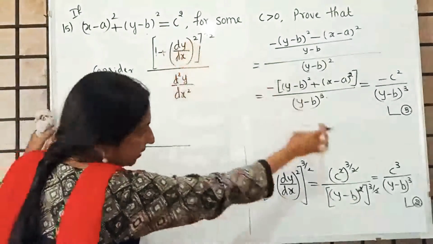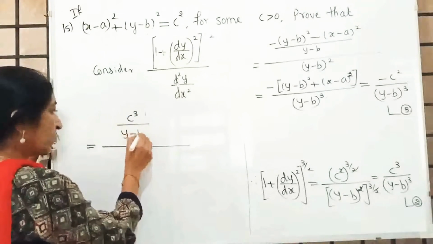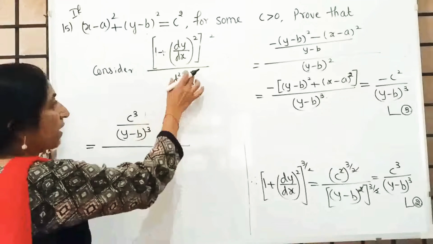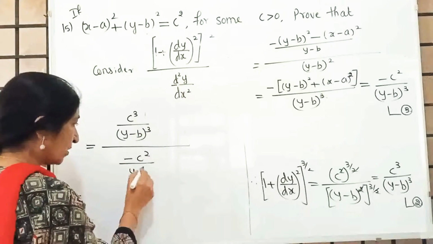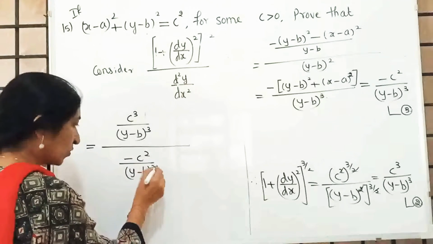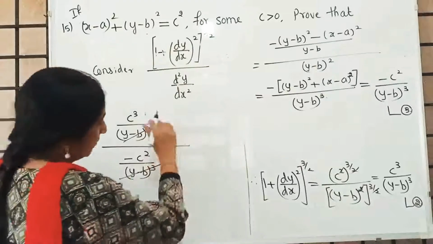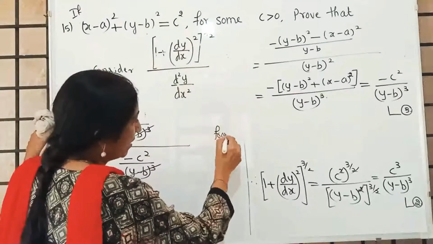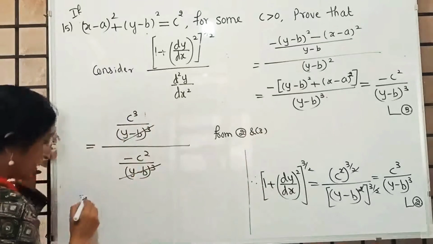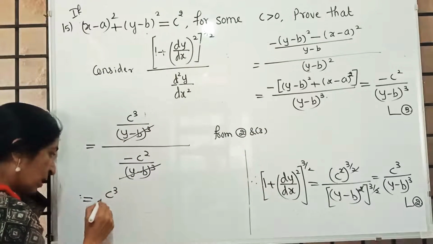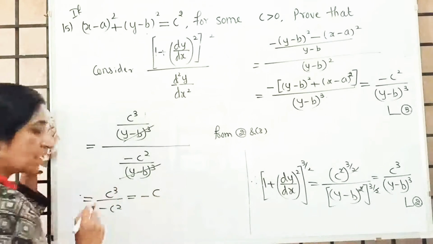The numerator is c cube upon (y minus b) whole cube, and d square y upon dx square is minus c square upon (y minus b) whole cube. See, (y minus b) whole cube and (y minus b) whole cube get cancelled. These values we are writing from 2 and 3. Now what is remaining? c cube upon minus c square. Again cancellation. Minus c is remaining.